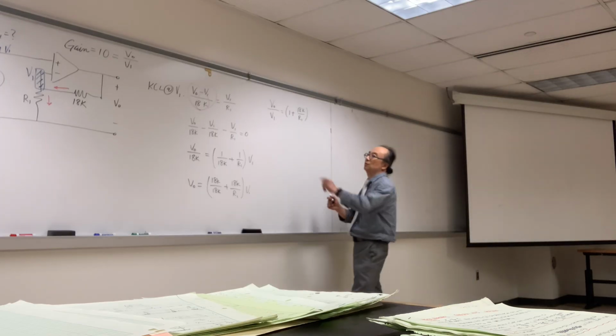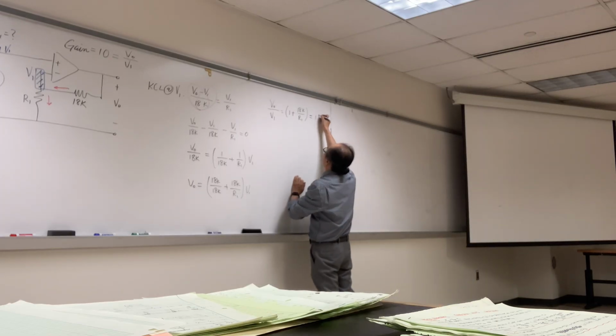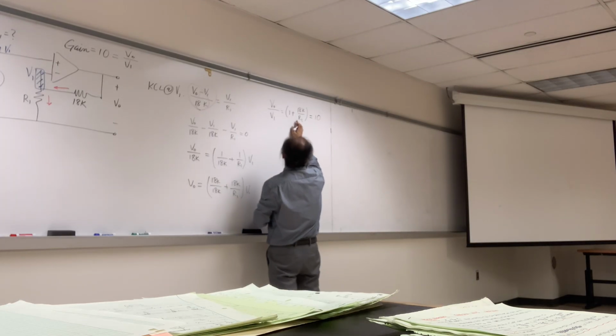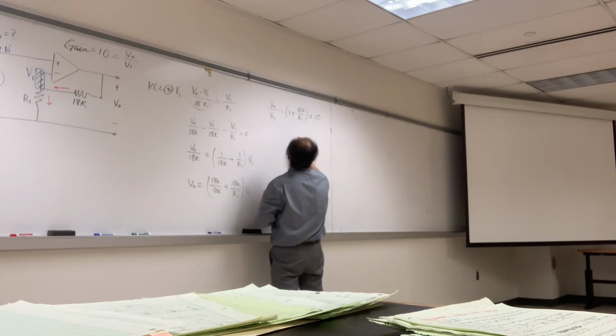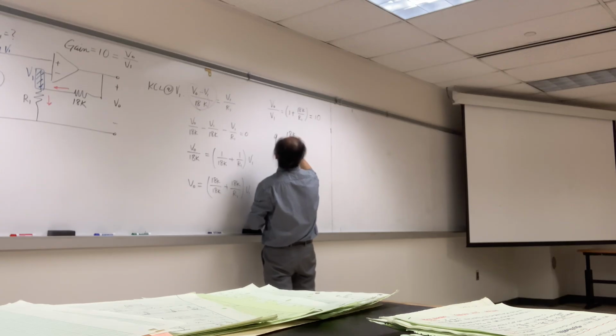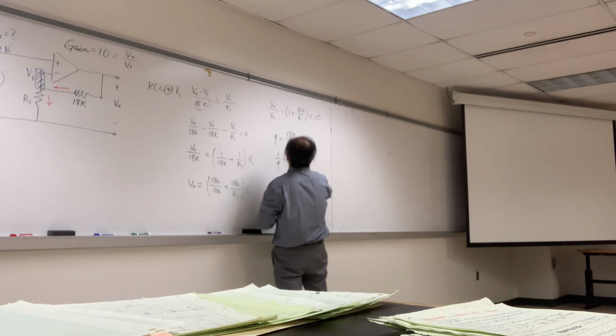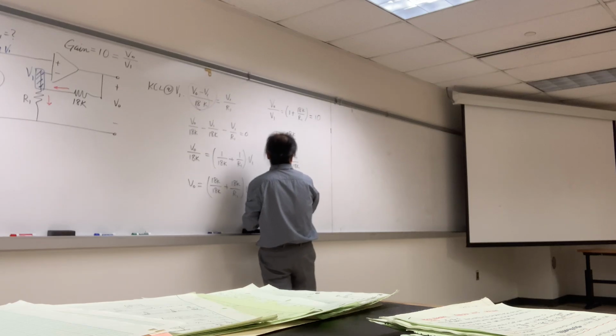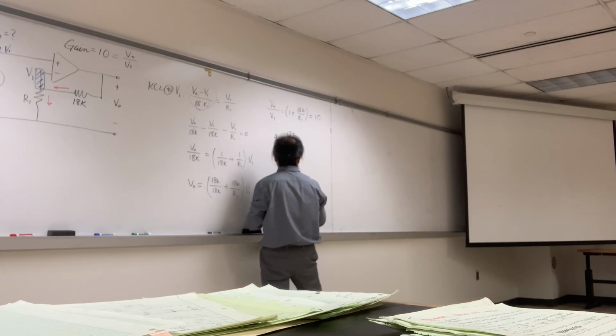V out over V1 is given as 10. From here, 1 plus 9 equals 10, right? Therefore, 9 equals 18K over R1. 1 over 9 equals R1 over 18K. Therefore, R1 equals 18K over 9. Therefore, R1 equals 2K.